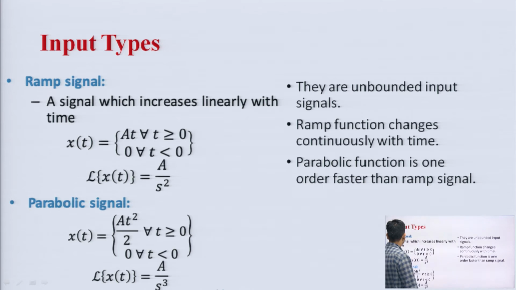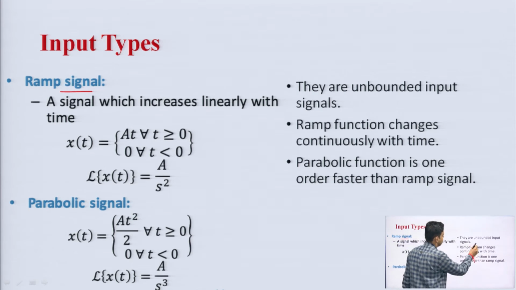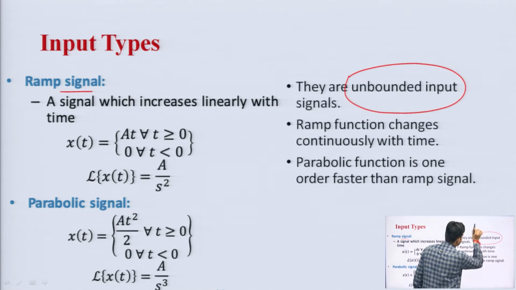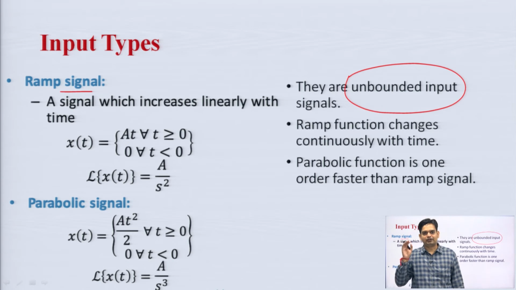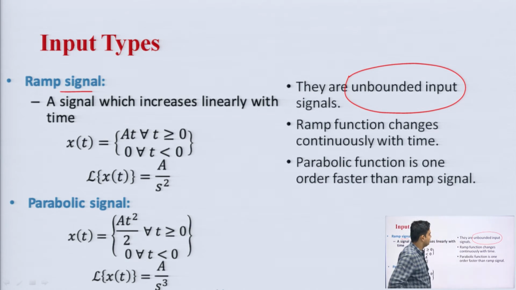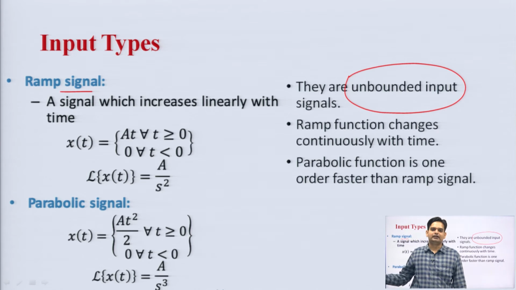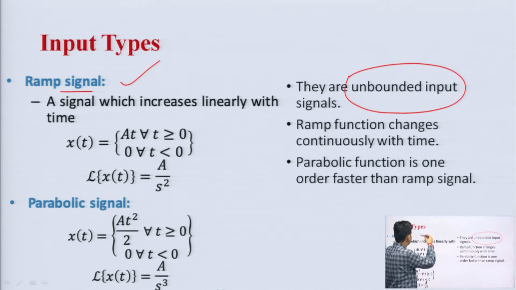In the same way we come to the ramp signal, but this signal is an unbounded input. So, whenever we apply an unbounded input to any system and the response is bounded, then we can say my system is absolutely stable. Whenever I apply an unbounded input and the response is unbounded, it means my system is unstable for this type of input.